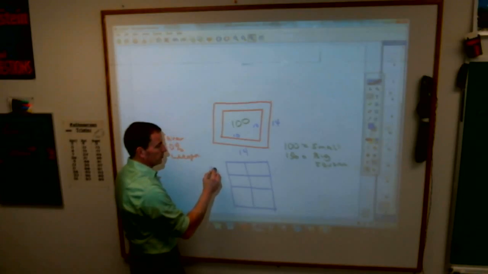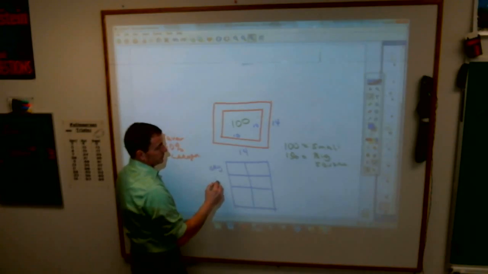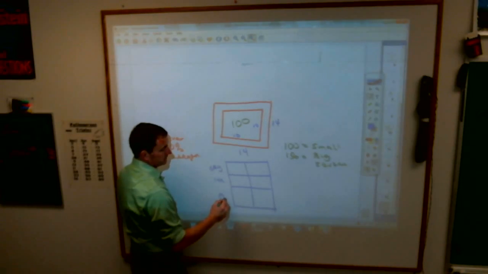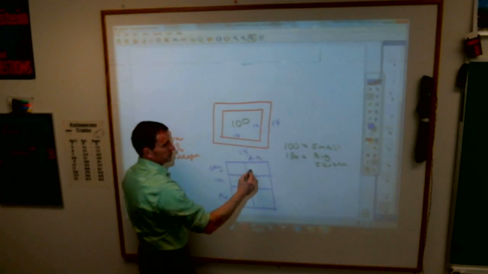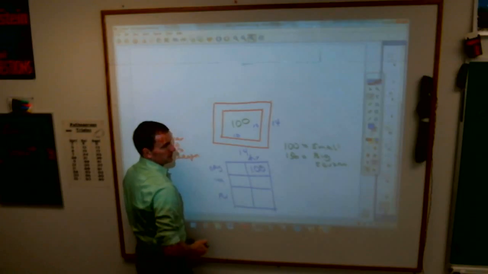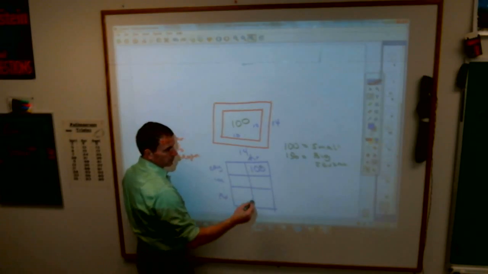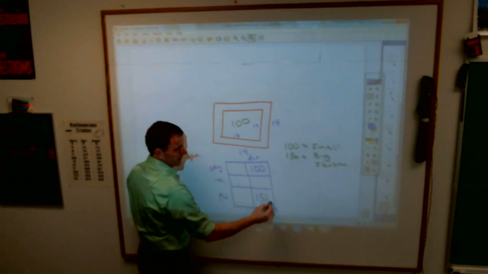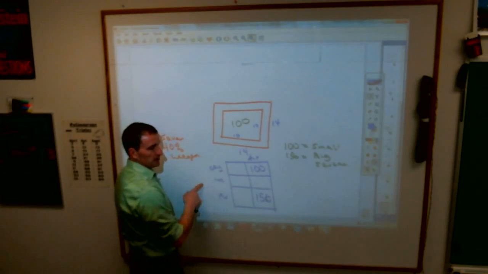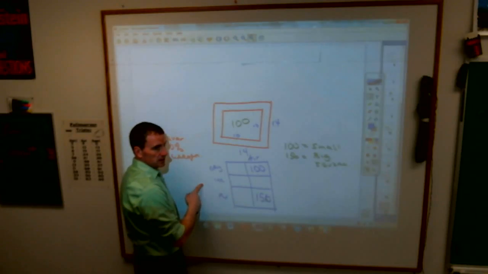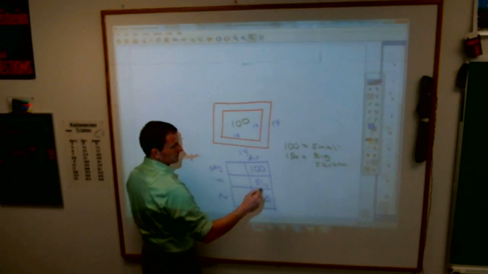So you've got your original, your increase, your final. These are the actual numbers here. The original square was 100. It ended up being 196, correct? Which is an increase of 96.